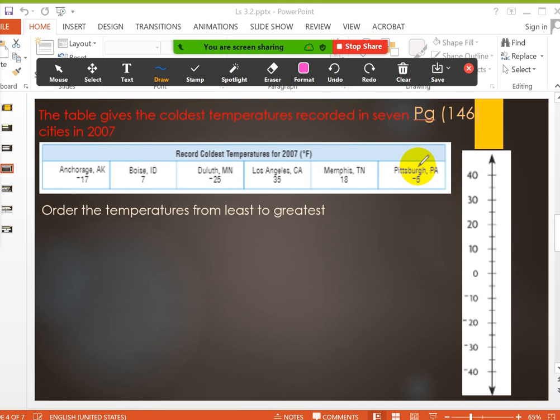I have 6 areas here, and I record the temperature in each one. So I want to compare between those temperatures. I also want to order those temperatures, okay? So I want you to focus with me. I want you to forget all the questions in this page and just focus on the number line.